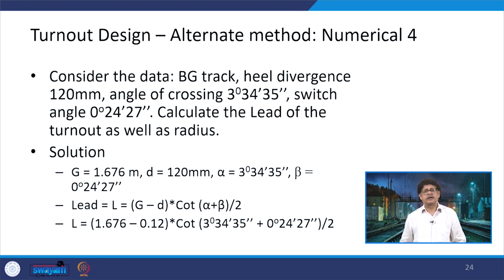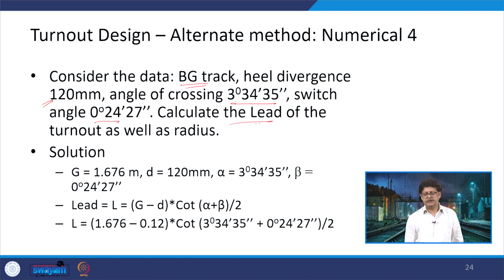So, let us look at a numerical with respect to what we have discussed. It is a broad gauge track with G of 1.676 meters. Heel divergence small d is 120 mm, angle of crossing alpha is 334.35 and the switch angle beta is 0.2427. So, these values are given to us.